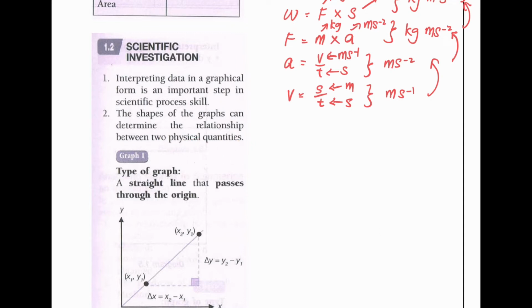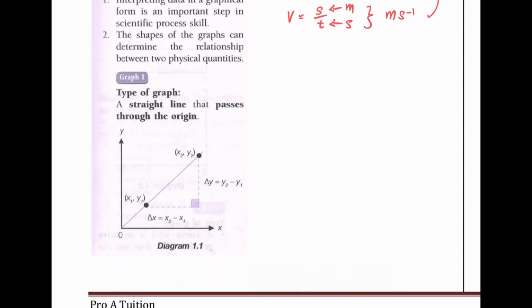Now the shapes of the graph can determine the relationship between two physical quantities. Let's see the first type of graph. You have a straight line coming out from the origin and going up this way. So for this graph 1, of course, we say a straight line that passes through the origin.